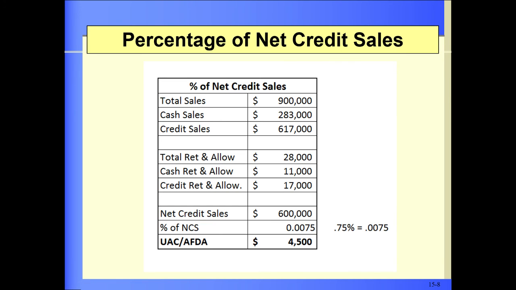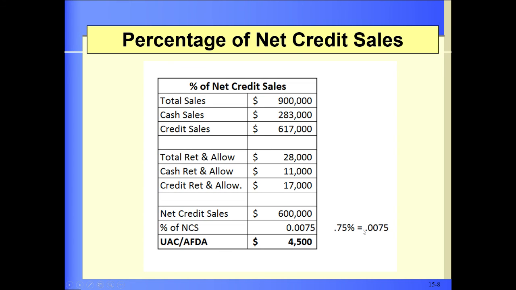Now the amount that we estimate this by, again based on our knowledge or our industry experience, is going to be much smaller than the method that we use for percentage of AR, because this time we're taking it from all of our sales, which is a much larger number. So in this case, they have said that the amount will be 3/4 of 1%, or 0.75%. Now we need to convert that into a decimal.